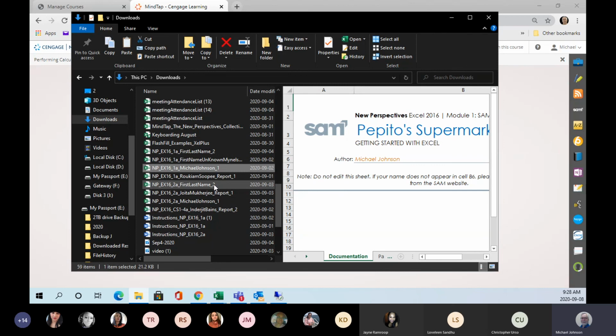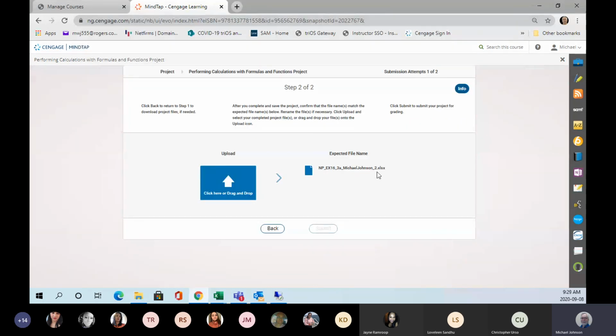So if that were a number 2, and it had that, just like it has here with the bracket 1 bracket, that bracket 1 bracket is preventing you from uploading, because it's not the file it's looking for. It's looking for a file that has a 2 with a dot, and then the extension.